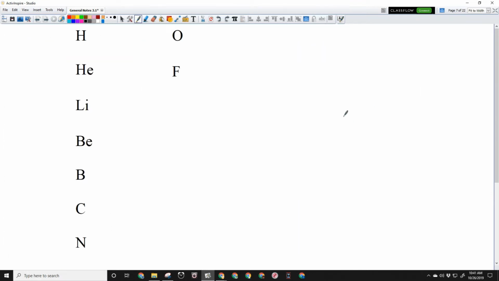So the general form that we're going to write these in is the energy level, the orbital, and then the number of electrons in that orbital. All right, so hydrogen is on energy level 1. It's in the S orbital, and it has 1 electron.